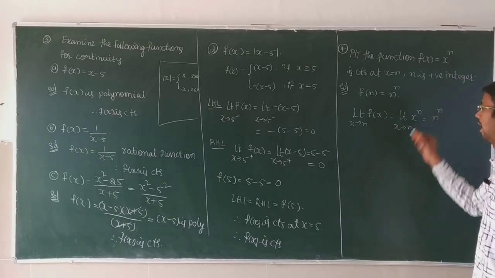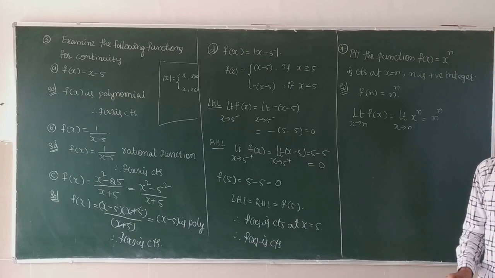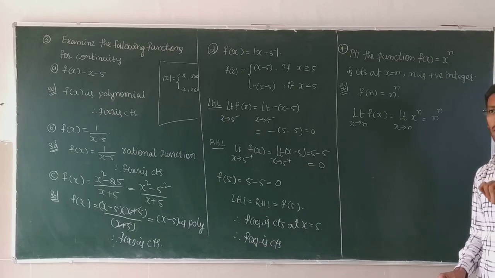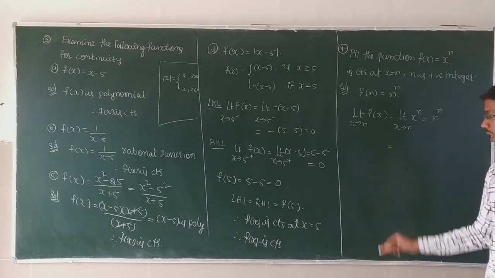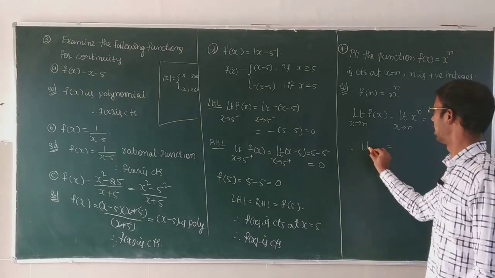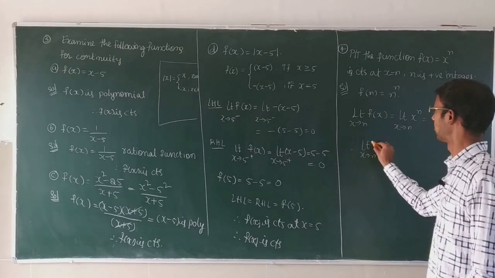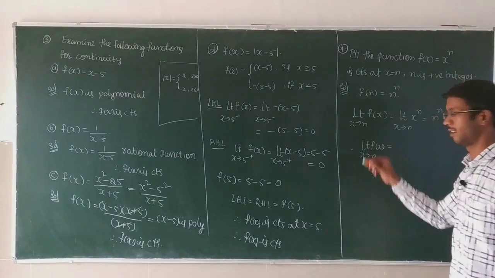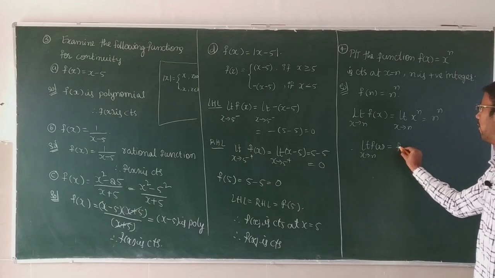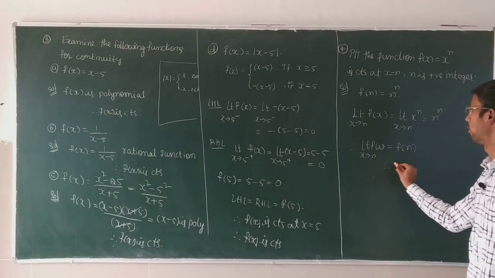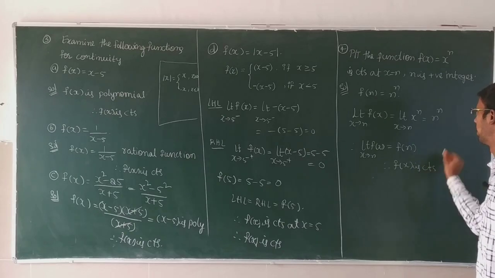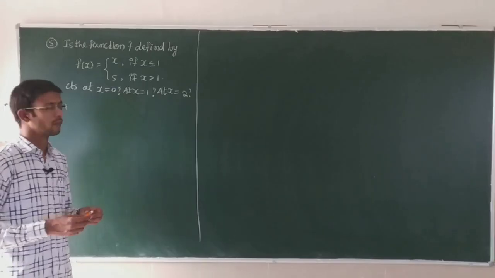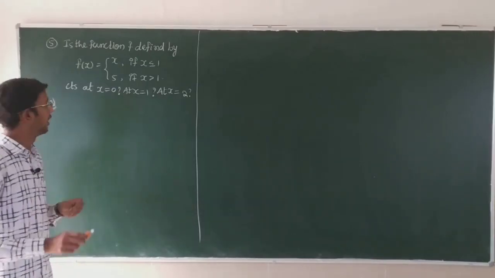The x value is n, so whether the value is slightly lesser or slightly more than n, there is no problem, we have to take n only. Therefore, the limit as x tends to n of f of x is equal to f of n. Therefore, f of x is continuous.